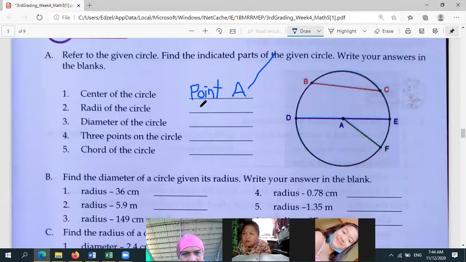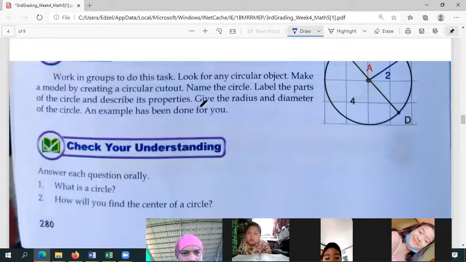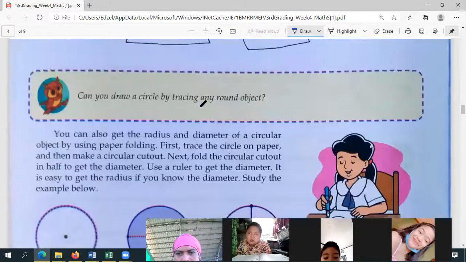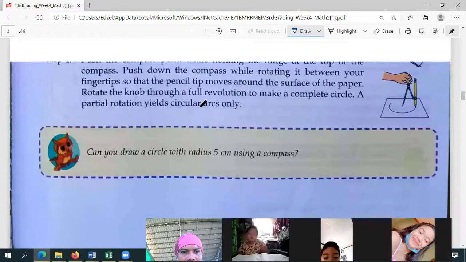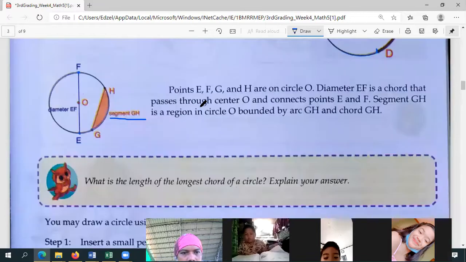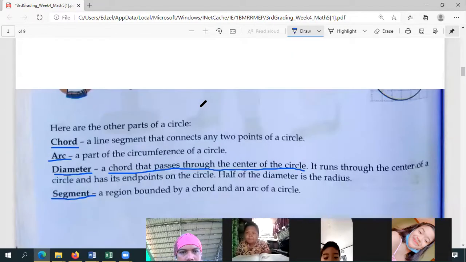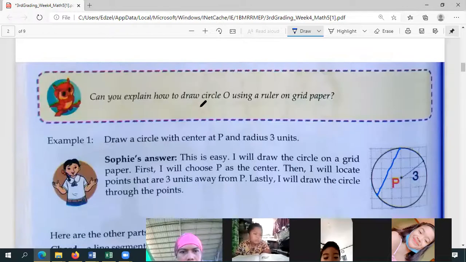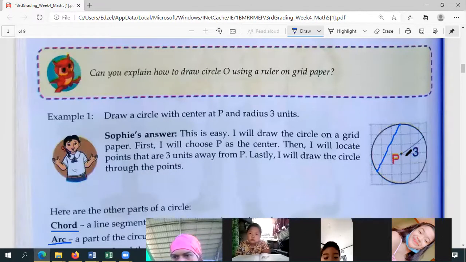Okay, radius, let's go back to our definition from earlier. What is a radius? Radius is a segment from the center to a point on the circle. So, the radius goes from the center to the point on the circle.